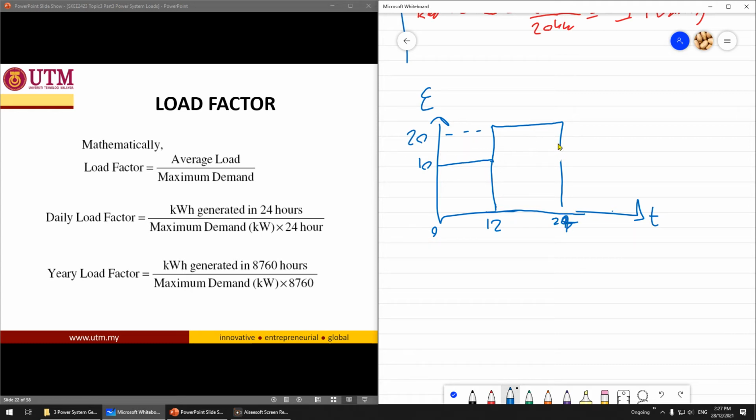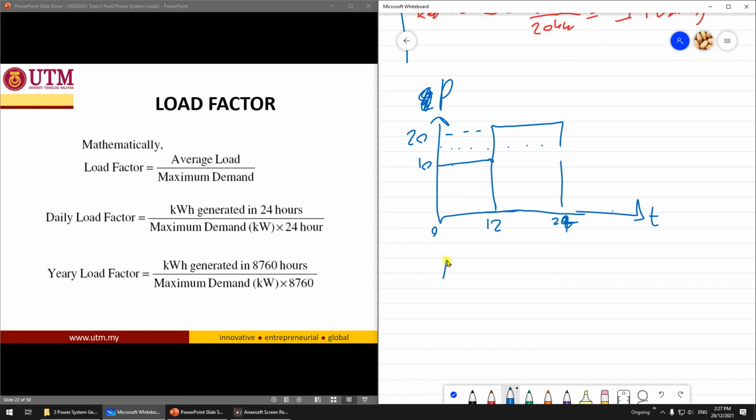The average is, maybe this one is power, not energy.